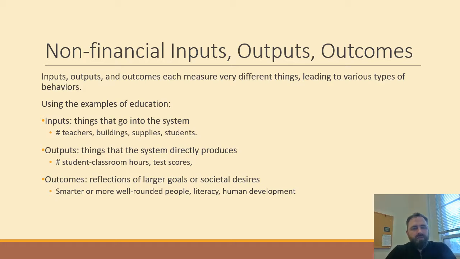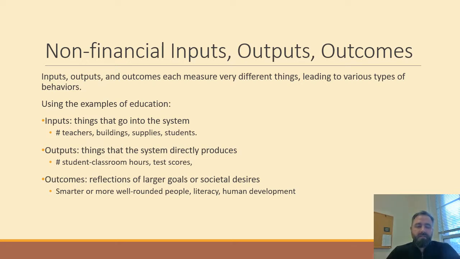One of the most important things to understand is the difference between inputs, outputs, and outcomes in a non-financial sense. So I think the best way to talk about this is using an example. In education, you have inputs, or the things that go into the system. So you have a number of teachers, buildings, supplies, students, all the inputs to the system.